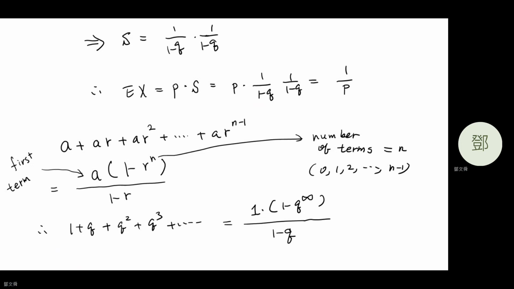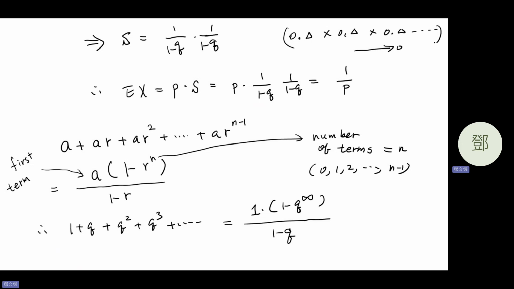Here q is a fractional number: 0 point something times 0 point something times 0 point something, and so on.